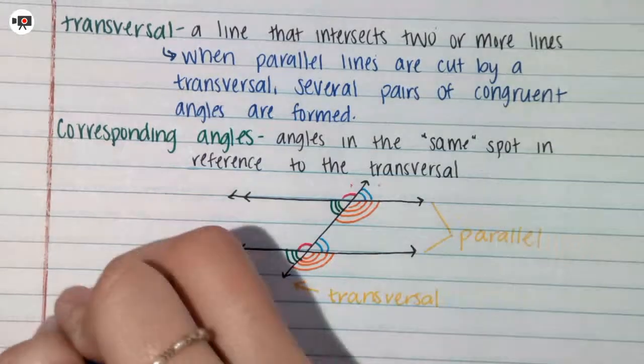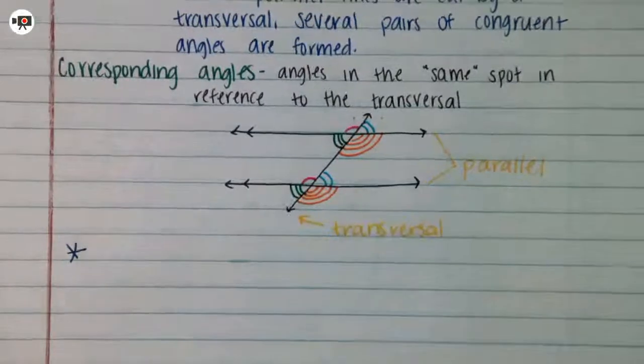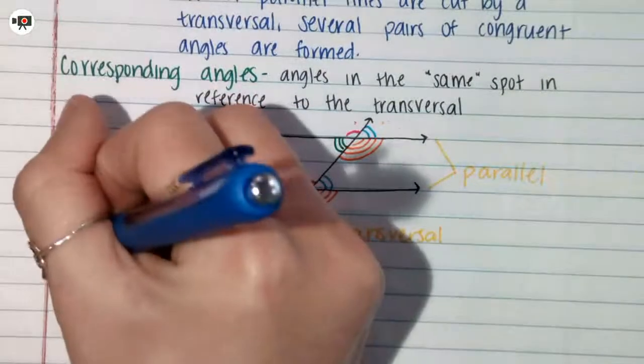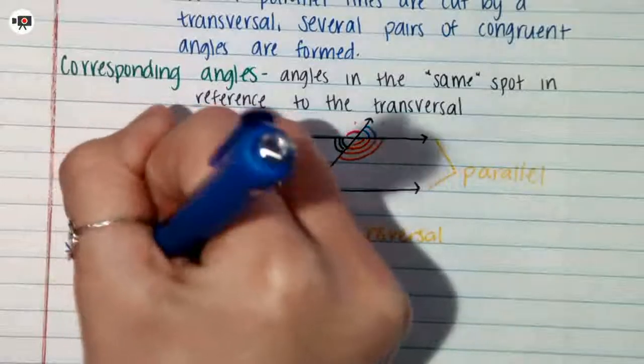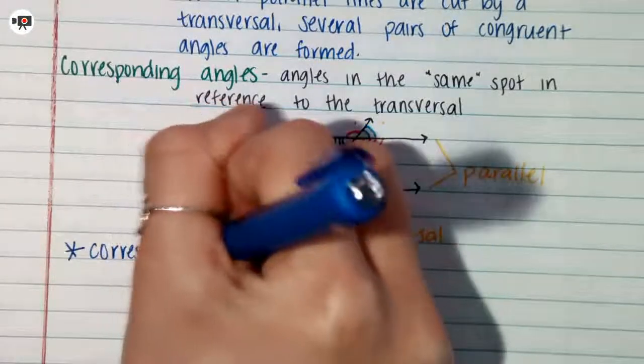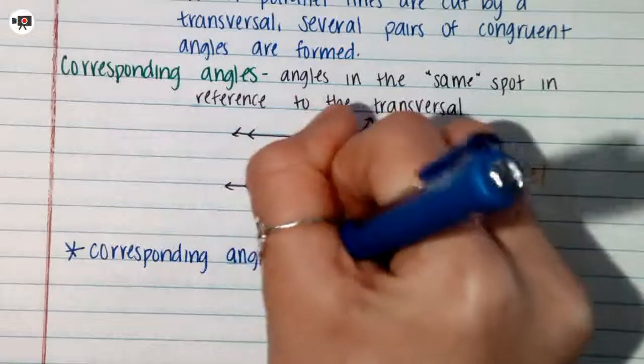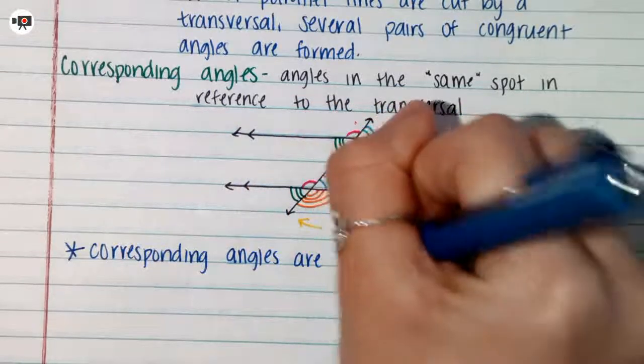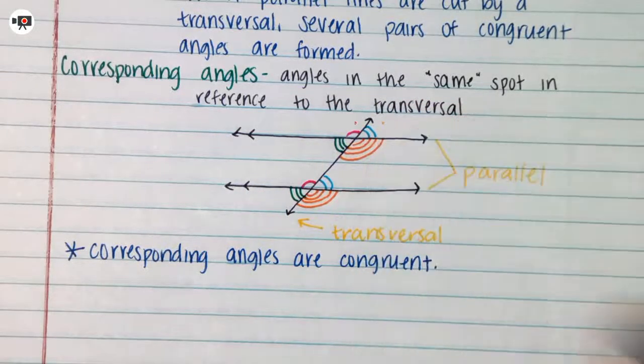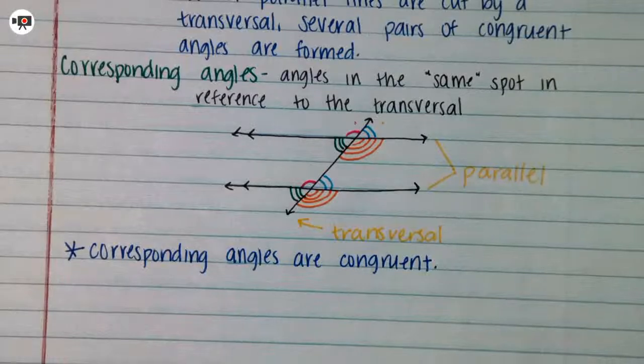So corresponding angles are congruent. So pink is congruent to pink, greens are the same, blue is the same, orange is the same.